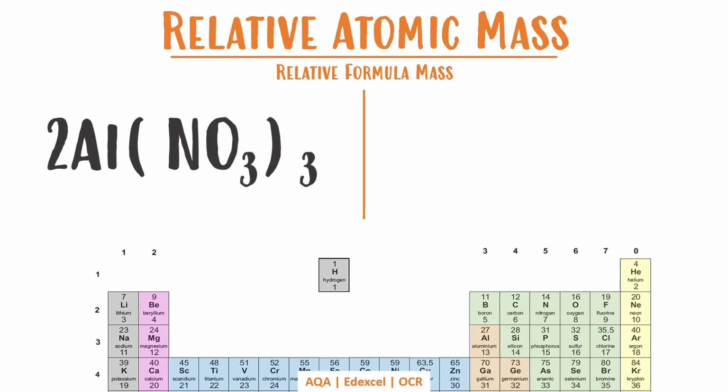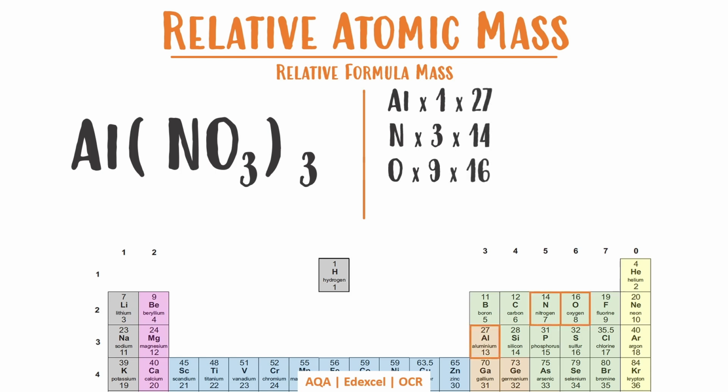Again, we'll disregard the big number up front and look at one of those formulas. We have 1 aluminium, 3 nitrogens, and 9 oxygens. And finally, multiply by their individual masses to give us an MR of 213.